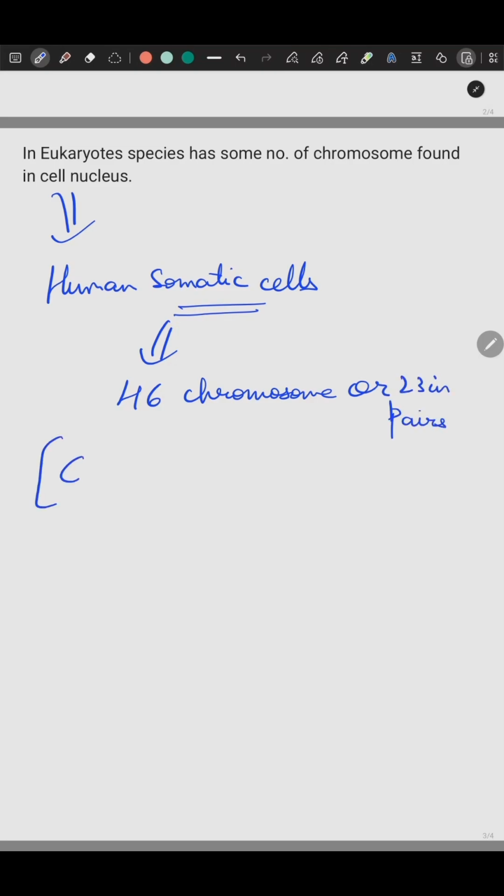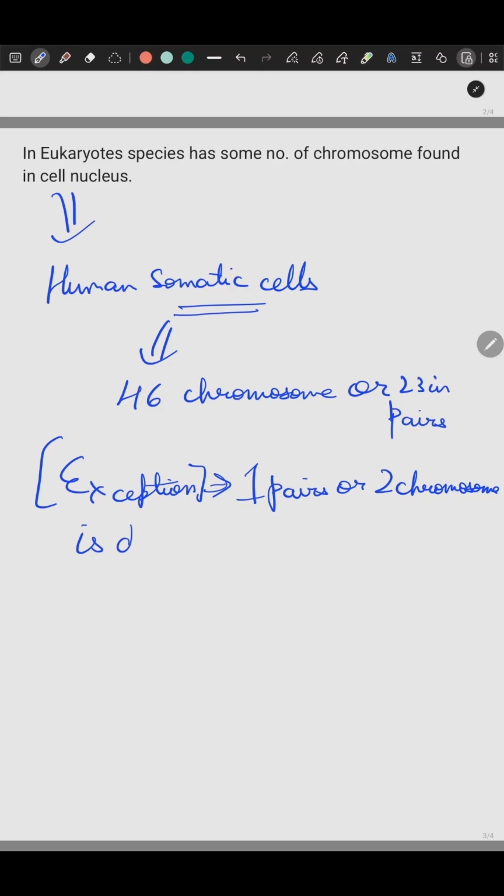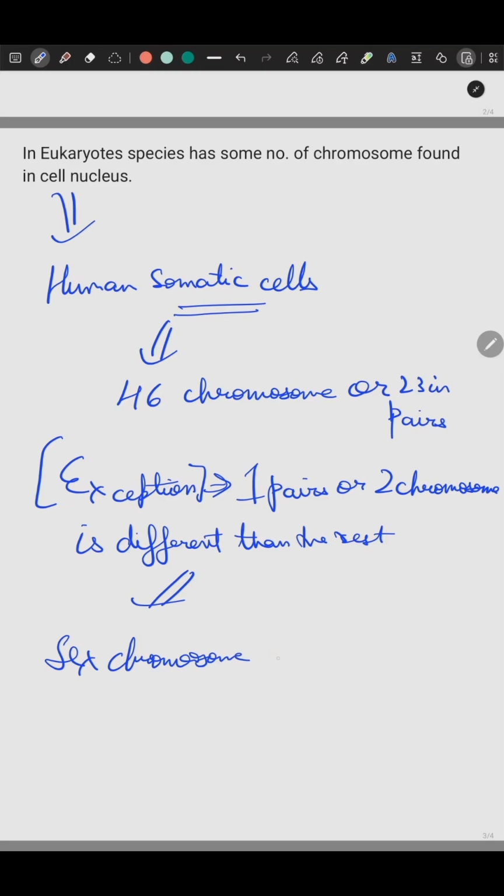But here's an exception. One pair, or two chromosomes, is different from the rest. They're known as sex chromosomes, or gamete or reproductive cells.